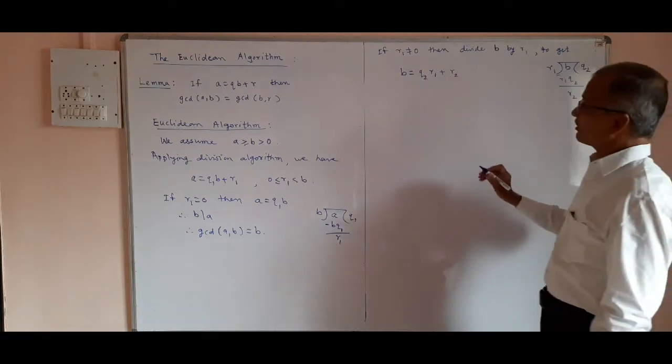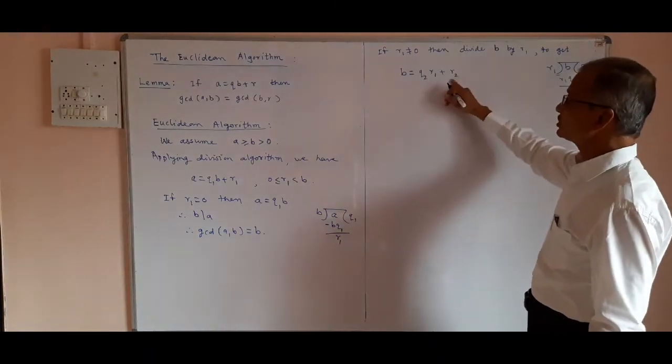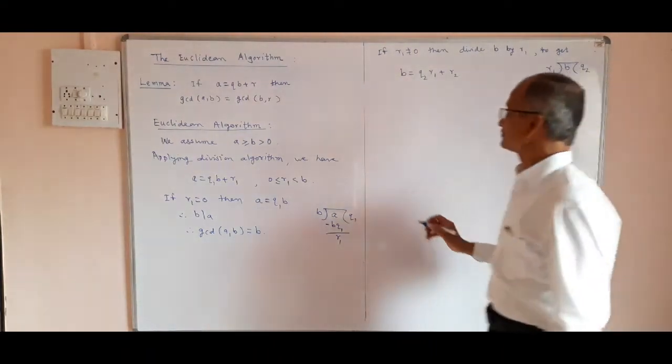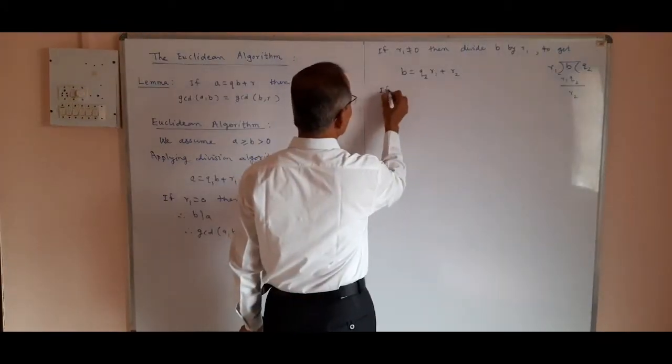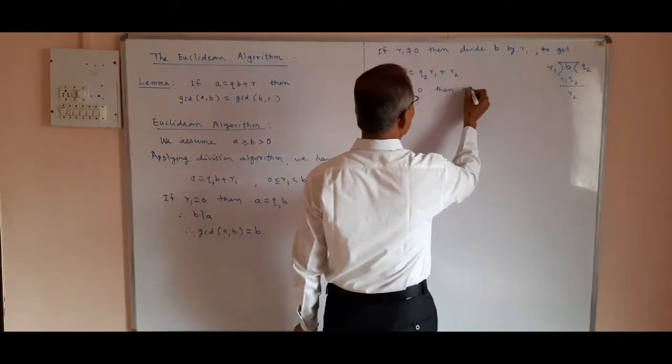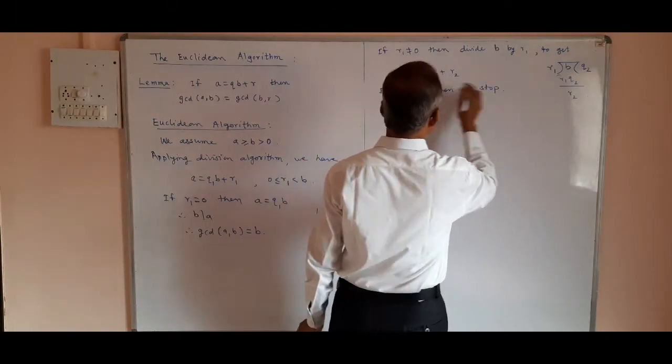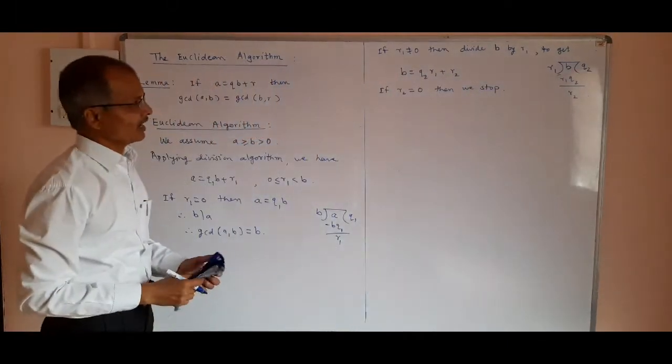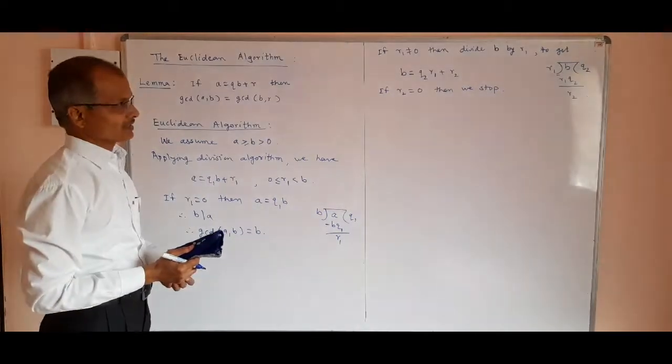And here we shall consider if r2 is 0, then we stop. In this case we shall get the gcd of b and r1 is r1.